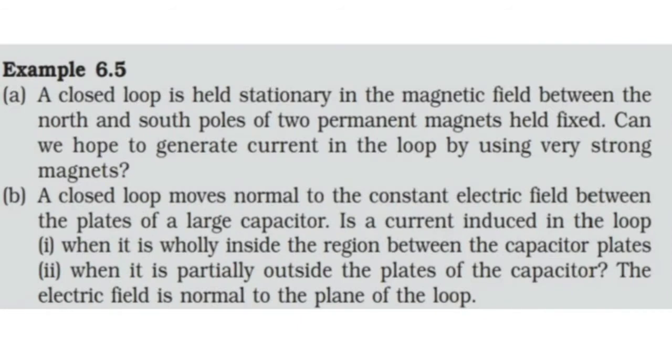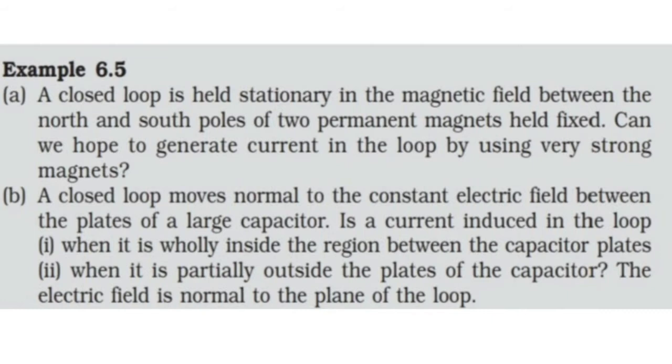Example 6.5. A closed loop is held stationary in the magnetic field between the north and south poles of two permanent magnets held fixed. Can we hope to generate current in the loop by using a very strong magnet?